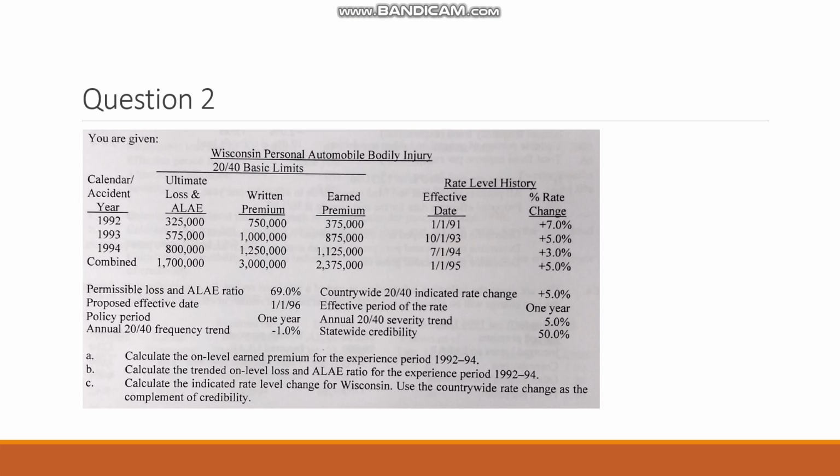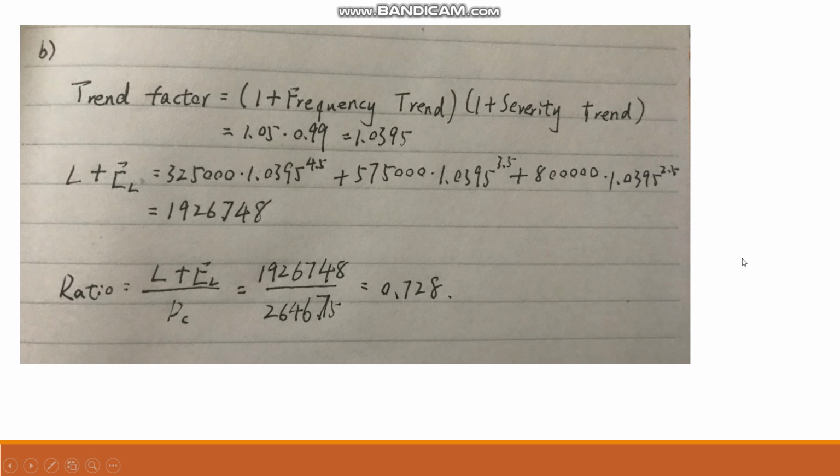for 1992, the earned premium in this year is 375,000, and from this year to the end date, which is 4.5 years, so we can calculate the trending period, and then we can calculate the total loss per indicator, which is 1,922,748.